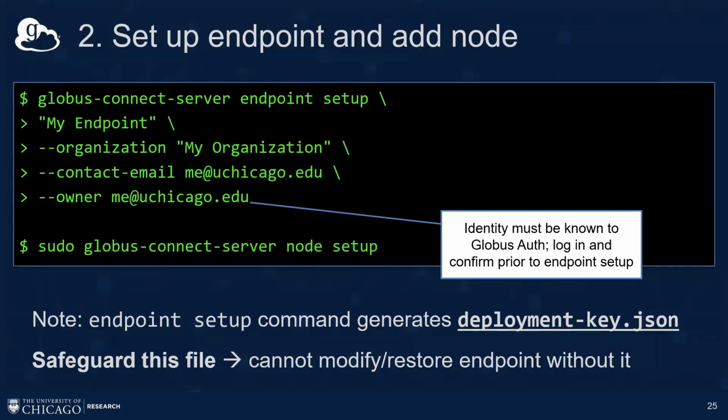Save this file and guard it. You will need it because all configurations of your endpoint and the future collections are stored encrypted in the Globus service. This file contains the key to decrypt it. So when you need to modify your endpoint, or add nodes to it, you will need this file. Once it's generated, keep it, save it.